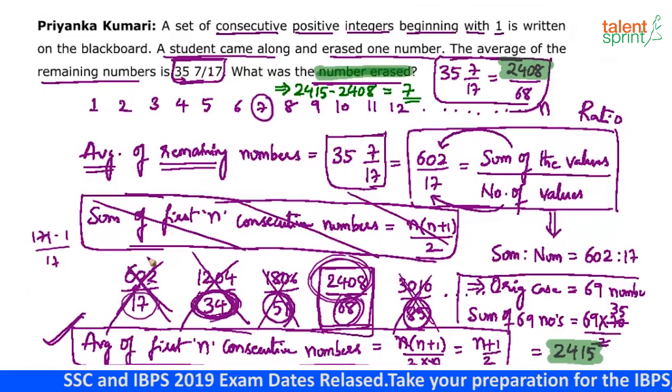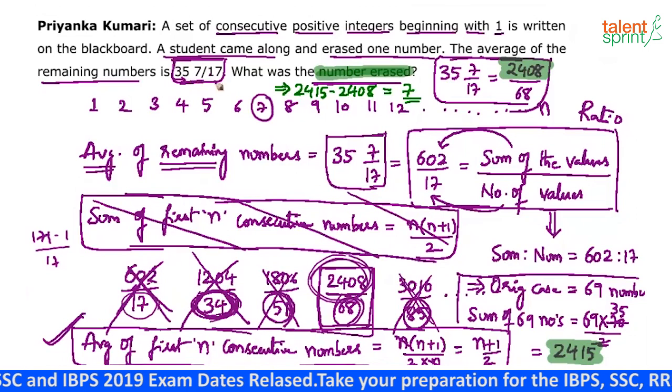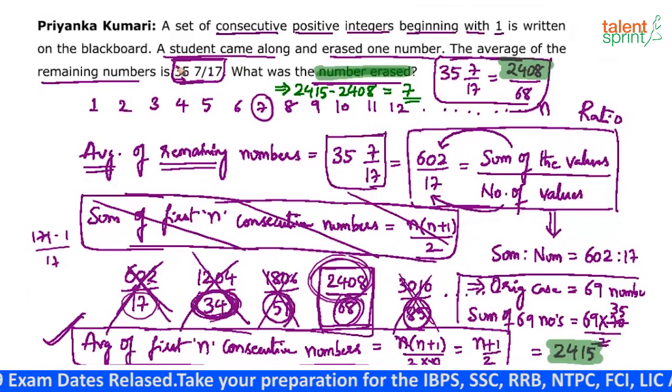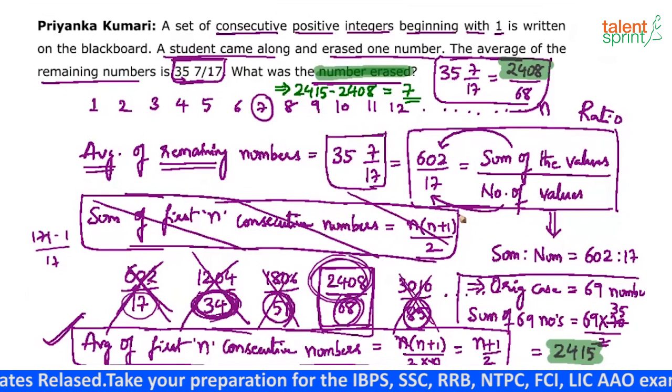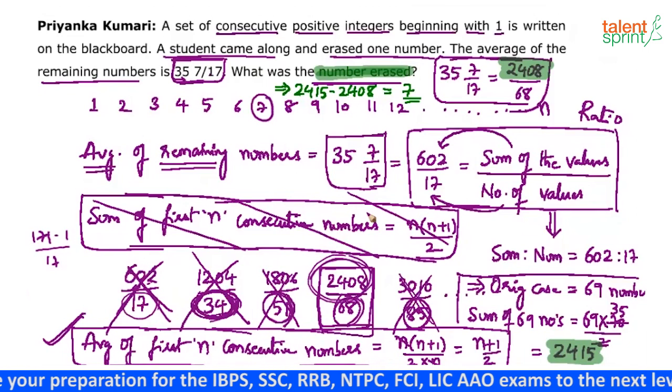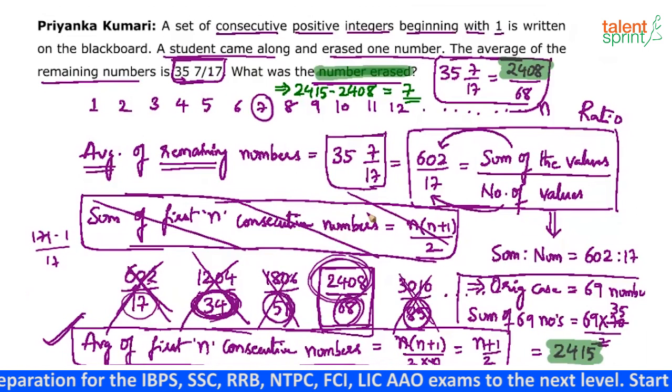And one general point that all of you have to remember is, look at the average. We know very well that for consecutive numbers, whether they are consecutive natural numbers, consecutive odd numbers or consecutive even numbers, the average is always the middle number.